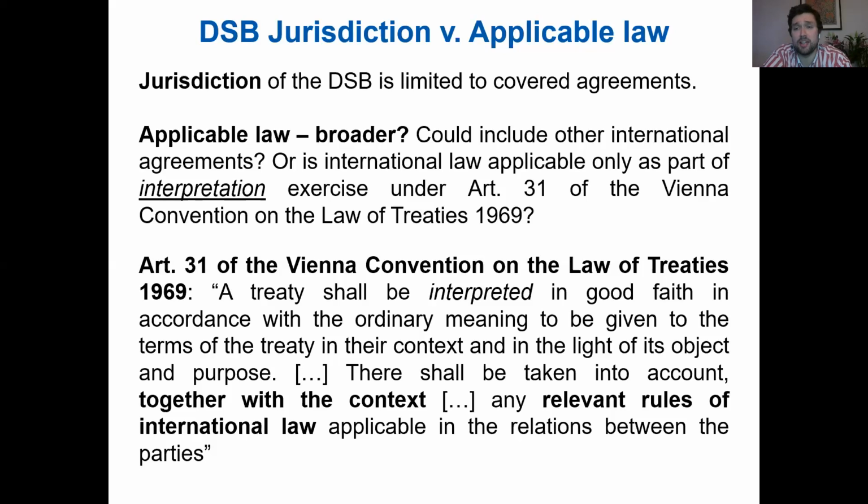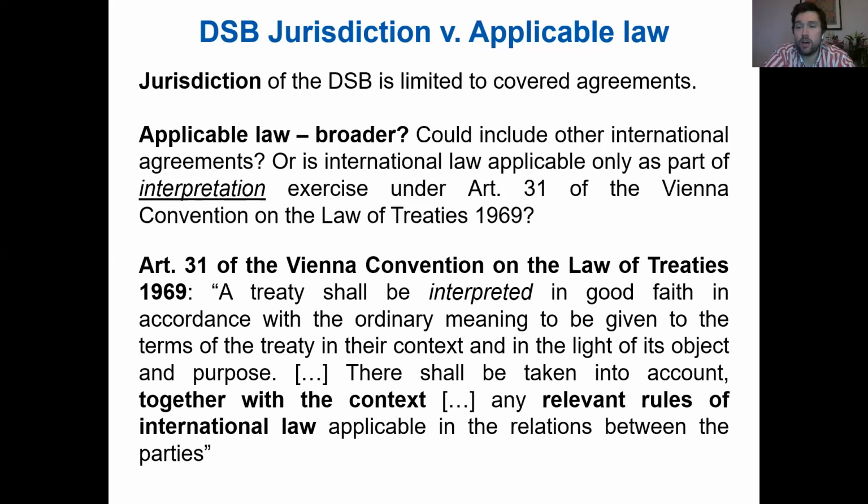But even putting that aside, we understand that yes, clearly for the interpretation we could use other rules of international law for the interpretation of the GATT, but seemingly we cannot apply other agreements, and we cannot make findings based on other agreements before the WTO dispute settlement body.